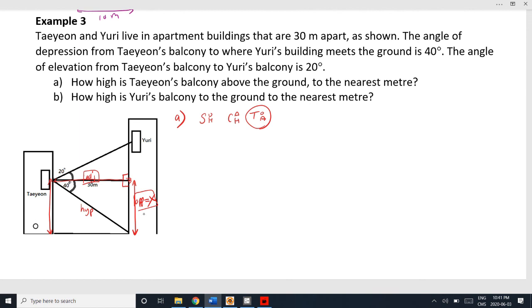We're just looking at this triangle here. So tan of 40 degrees is equal to opposite over adjacent. We don't know what the opposite is, that's our x, and our adjacent we know is 30 meters. We can solve for what tan 40 degrees is, so let's go ahead and do that.